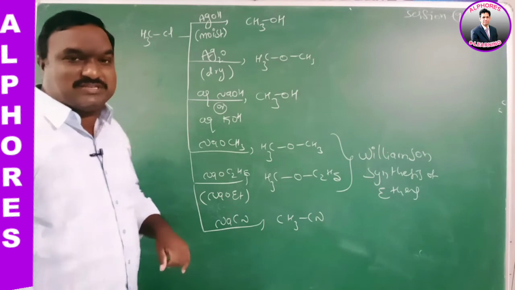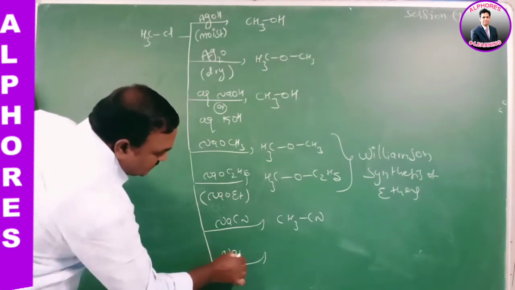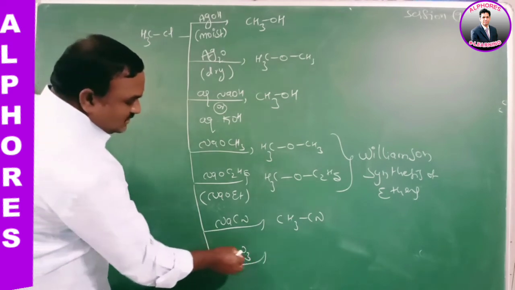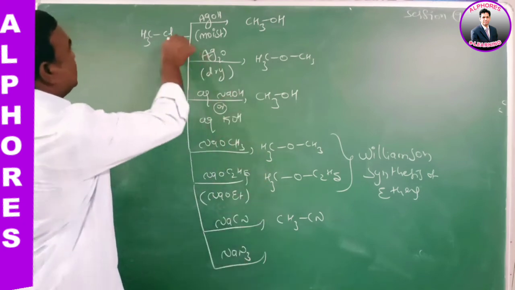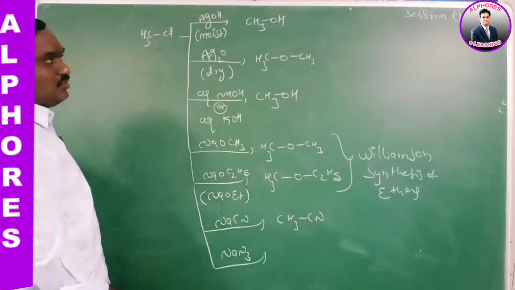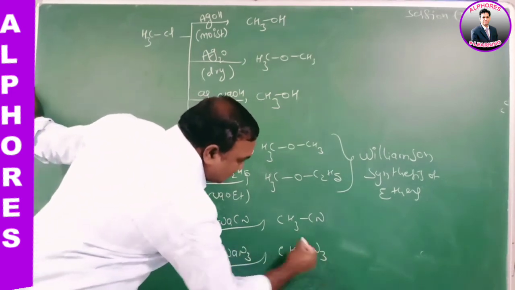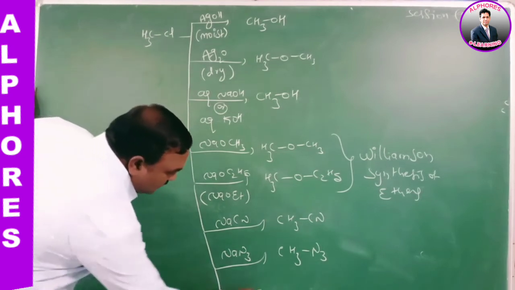For example, here sodium azide, NaN3, is given: Na+ and N3-. N3- is the azide anion, and Cl- is the leaving group here. That means the final product is CH3N3.